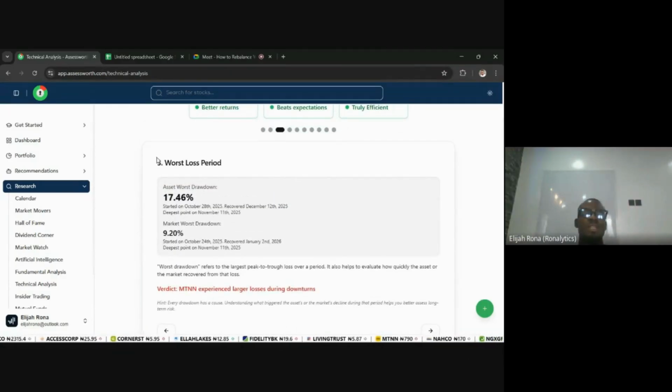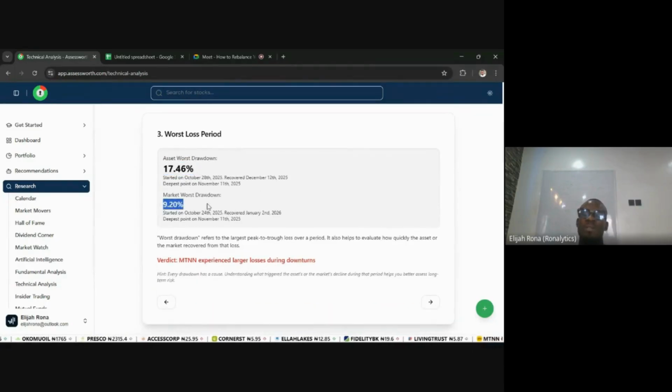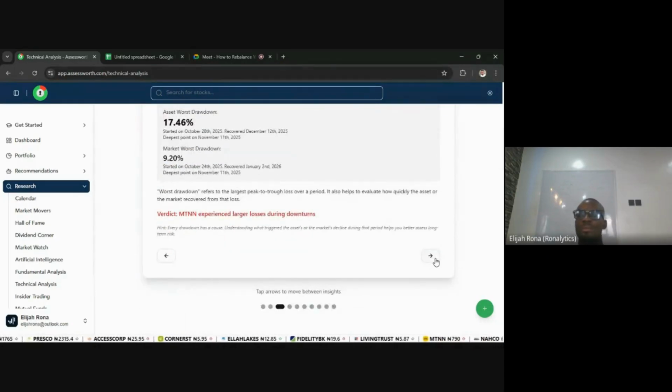We can also continue to look more. So this is the worst loss period, right? Starting on October 28th, 2025, then they recovered December 12th, 2025. MTN started dipping, then as of November 11th, 2025, they dipped by over 17%. Then for the market, it was around 9.2%.